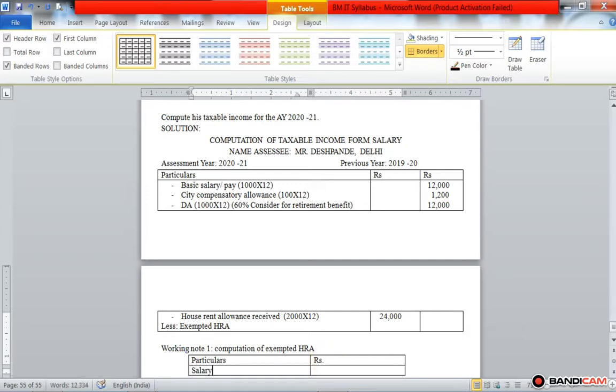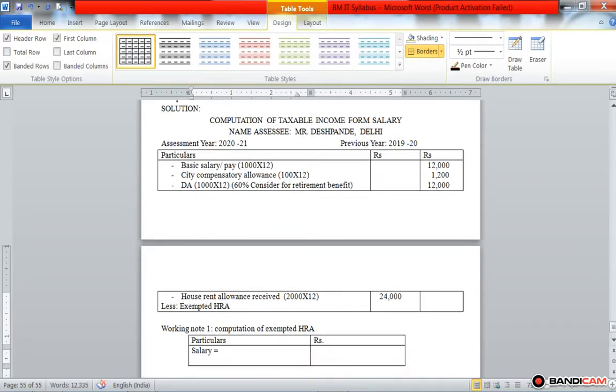Then salary is equal to basic salary or basic pay.